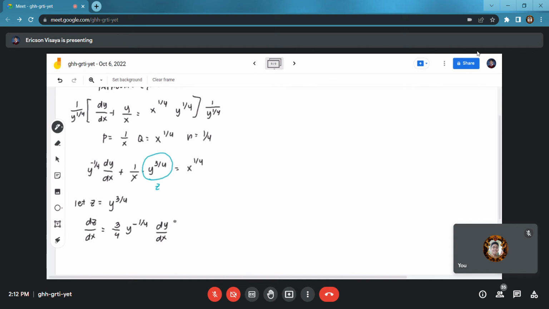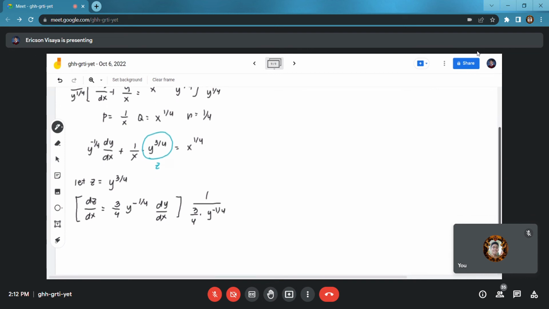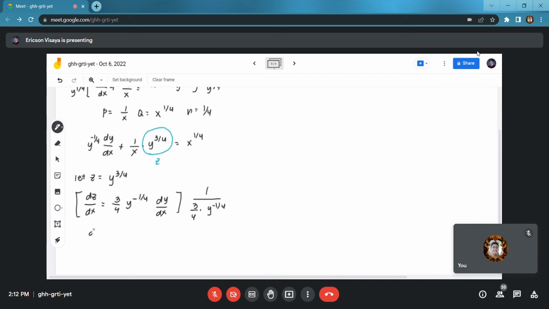Para makuha natin itong dy over dx natin, divide both sides ng 3/4. Mag-multiply lang tayo ng reciprocal nito, 1 over 3/4 times y raised to negative 1/4. So, makuha natin na yung ating dy over dx is equal to 4/3 times y raised to 1/4 dz over dx.